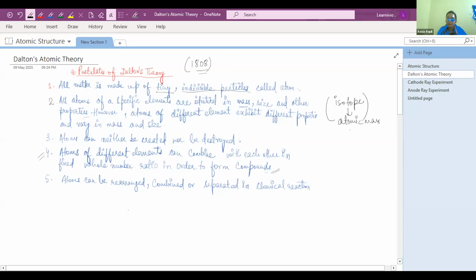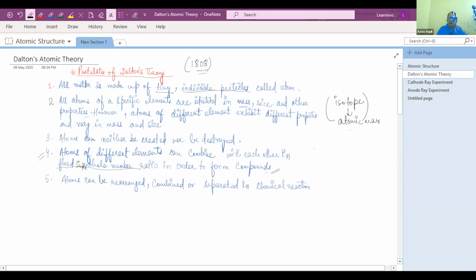That means the law of definite proportion, which we studied in the first unit. He said that atoms combine in a fixed, simple whole number ratio to form a compound.